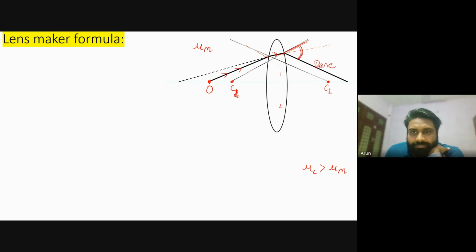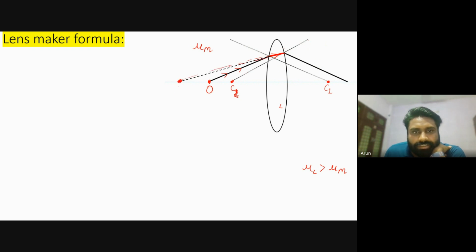So if I extend this ray after first refraction, it will appear to meet here.